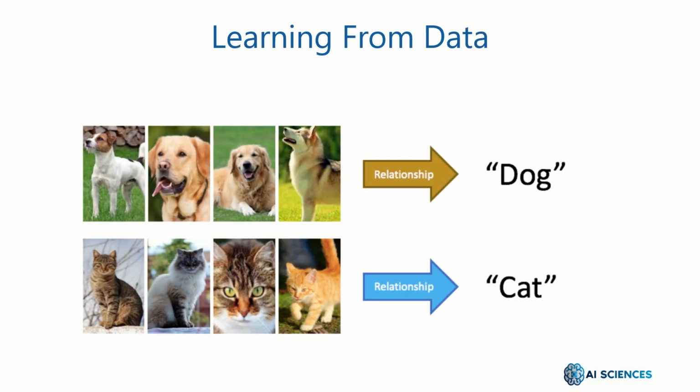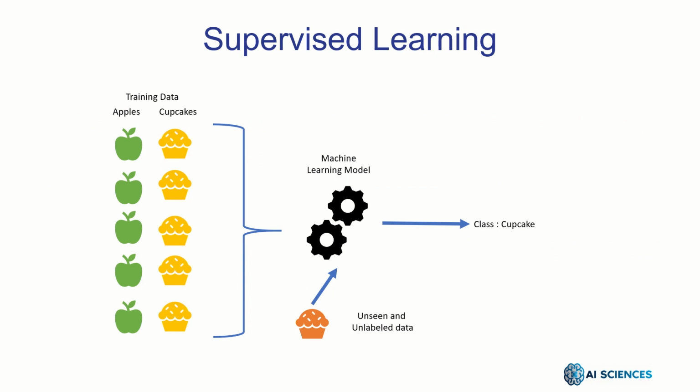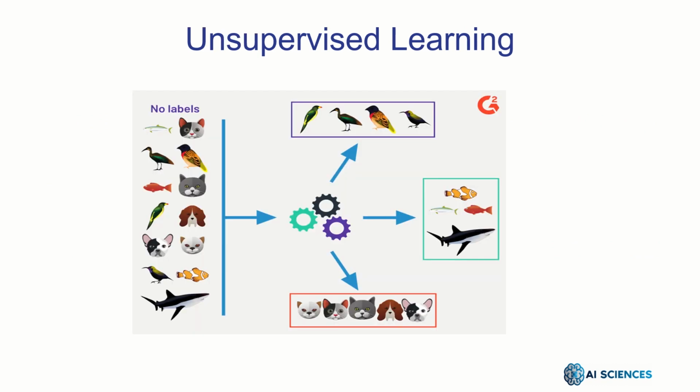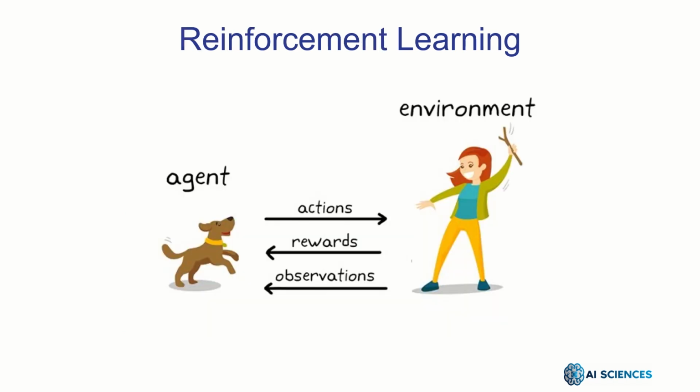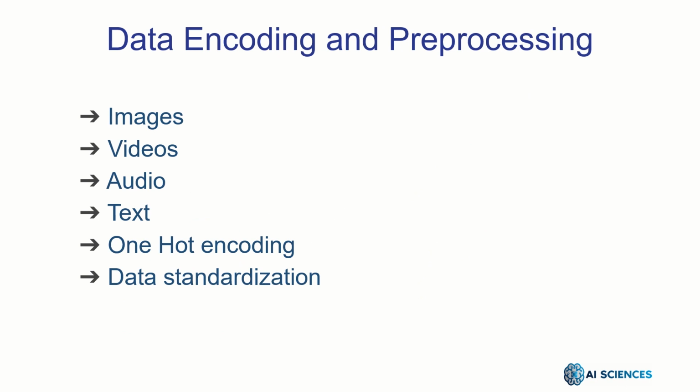Then we discussed the learning problem using data, and some types of learning, for example, supervised learning, unsupervised learning, and one other kind of learning called reinforcement learning. And then we moved towards different data formats. We discussed images, videos, audio, text, and some encoding methods, particularly for text data, called one-hot encoding. And then we discussed data standardization.